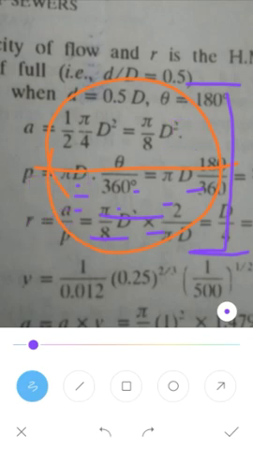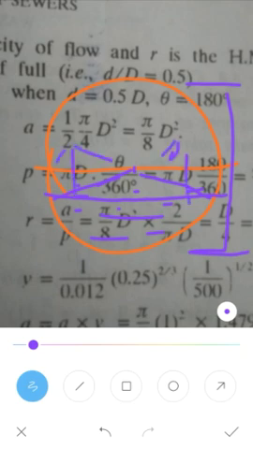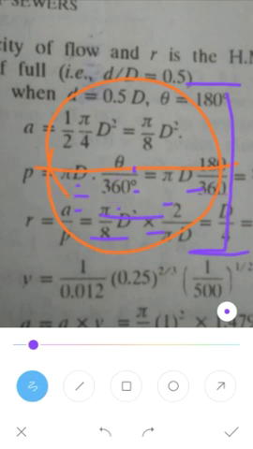If the water is flowing till here, you have to take the angle like this. So this level has been raised to half of the pipe, which means the water is flowing till here. So theta you have to take as 180 degrees.